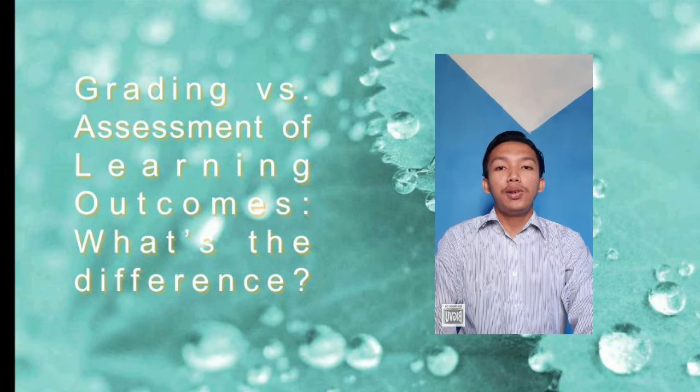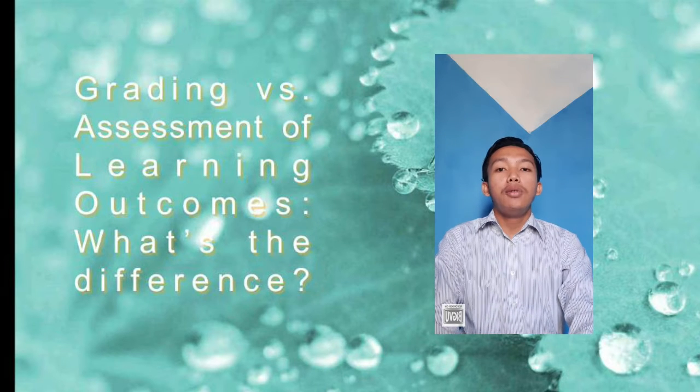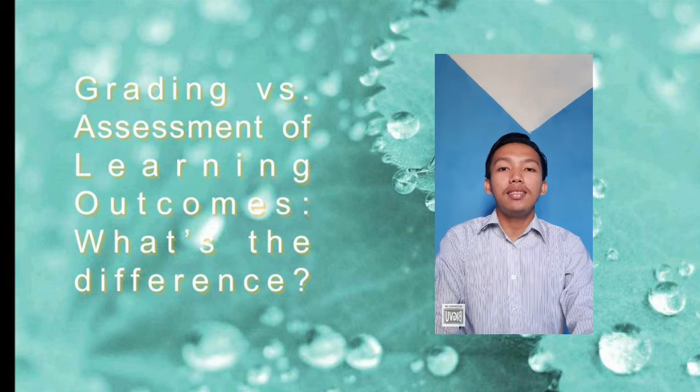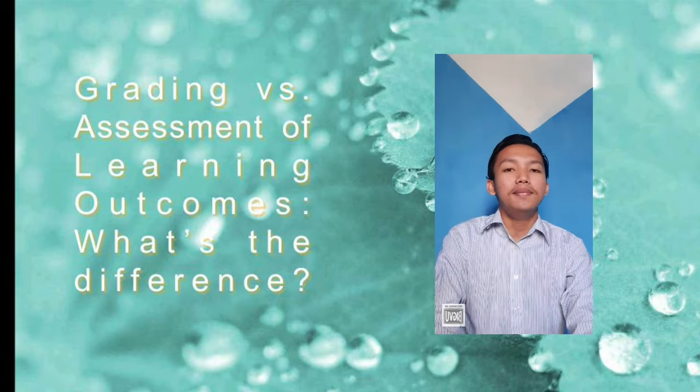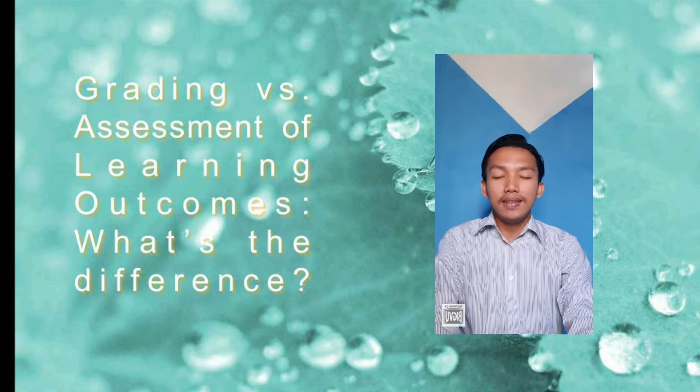There is often confusion over the difference between grades and learning assessment, with some believing that they are totally unrelated and others thinking they are one and the same. The truth is, it depends. Grades are often based on more than learning outcomes.